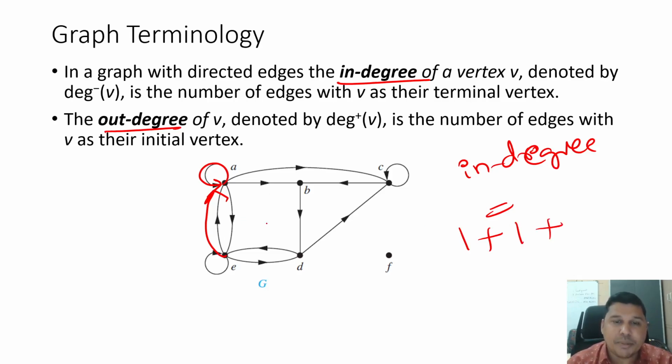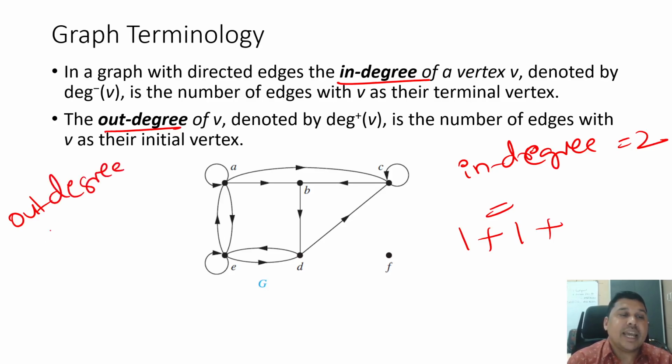Is there anything else coming towards A? No. So the in degree of vertex A is 2. What about out degree of vertex A? From A, 1 is going away, self loop. You have to count it 1 here. So you are splitting that 2 count in undirected graph, 1 to in degree, 1 to out degree.